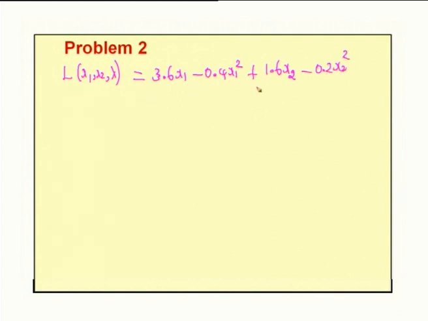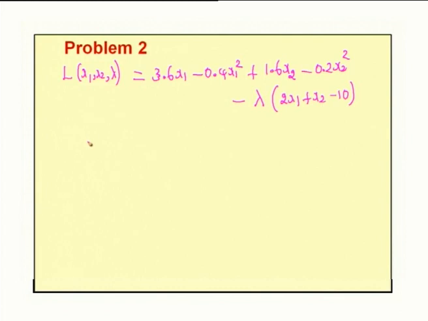This is our f of x1 x2 minus lambda into our h of x1 x2, which is 2x1 plus x2 minus 10. So, for the given nonlinear programming problem, the Lagrangian function in terms of Lagrangian multiplier lambda is 3.6 x1 minus 0.4 x1 square plus 1.6 x2 minus 0.2 x2 square minus lambda into (2x1 plus x2 minus 10).